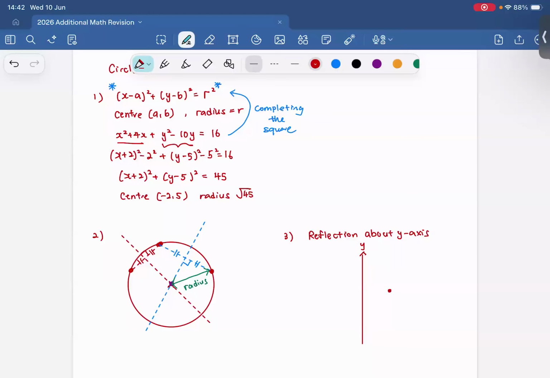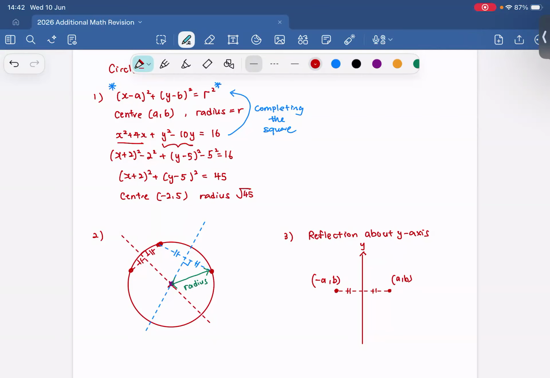Let's say this is the center A, B. When you reflect, this distance is equal to this distance. So you can see that the y coordinate never changes. The only thing that changes is the x coordinate, and the x coordinate will become negative a.